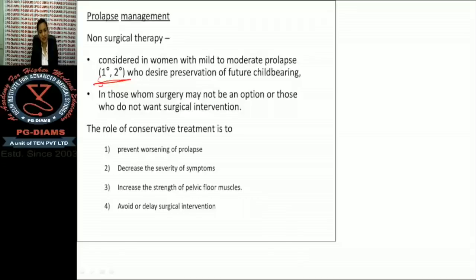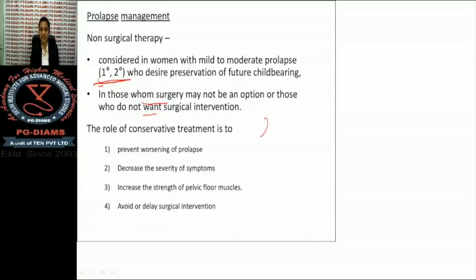And there are certain women who have medical comorbidities. In these women, you don't want to do a surgery because those patients are high risk cases. In them, we can opt for non-surgical managements. Then there are certain patients who do not want a surgery. For them also, non-surgical therapy is a management option. The other point is you have to explain to them that this is not going to correct the abnormality completely.